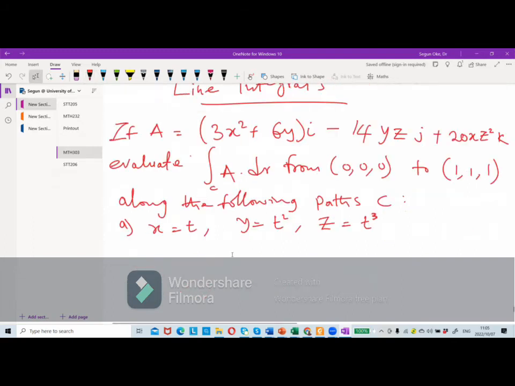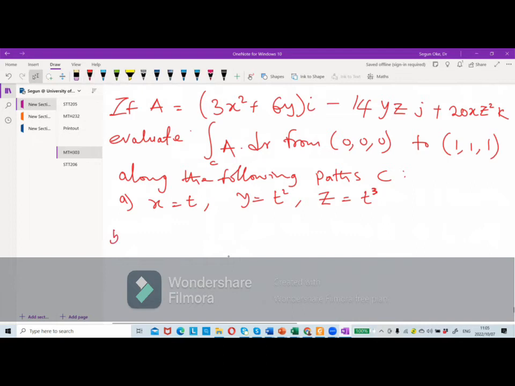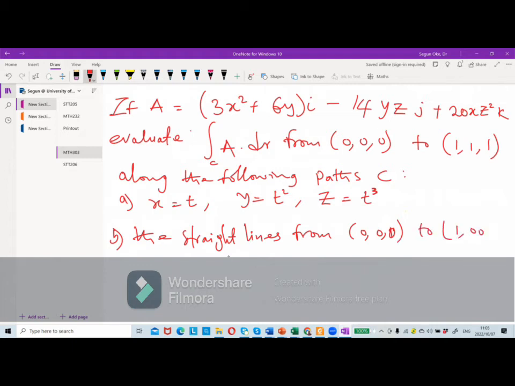They can give you any other thing. B: the straight line from (0,0,0) to (0,1,0) to (1,0,0).